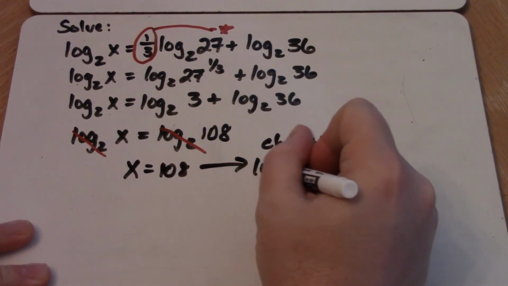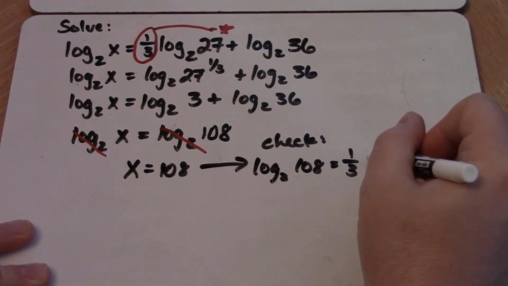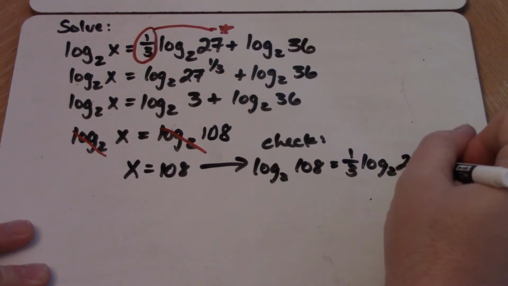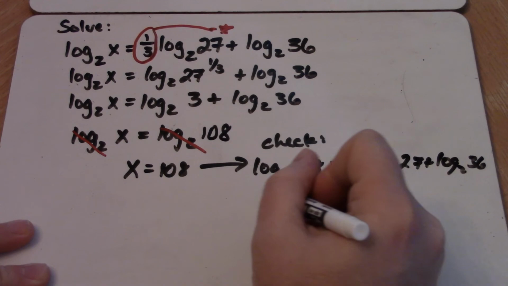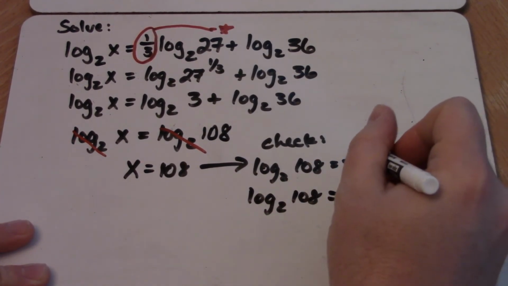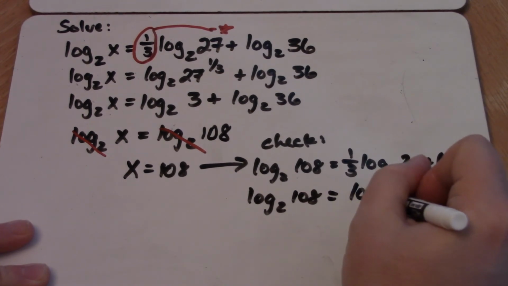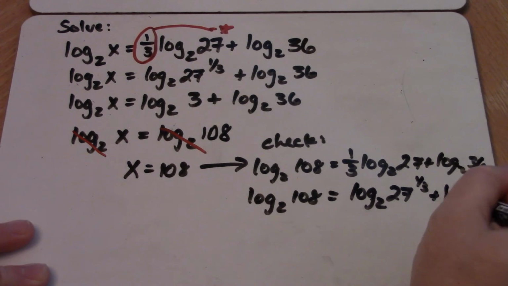We say log base 2 of 108 equals 1/3 log base 2 of 27 plus log base 2 of 36. First several steps are exactly the same. We move the 1/3 up to make that log base 2 of 27 to the 1/3 power plus log base 2 of 36.